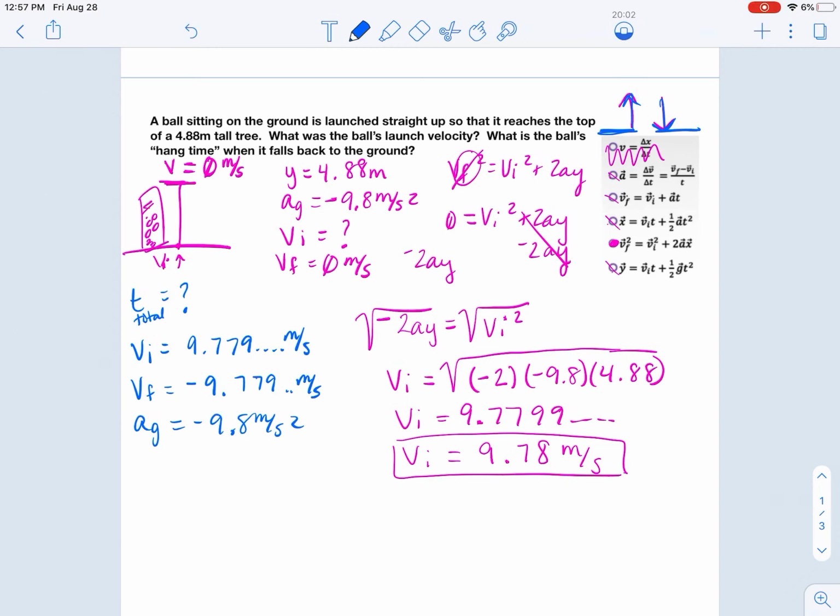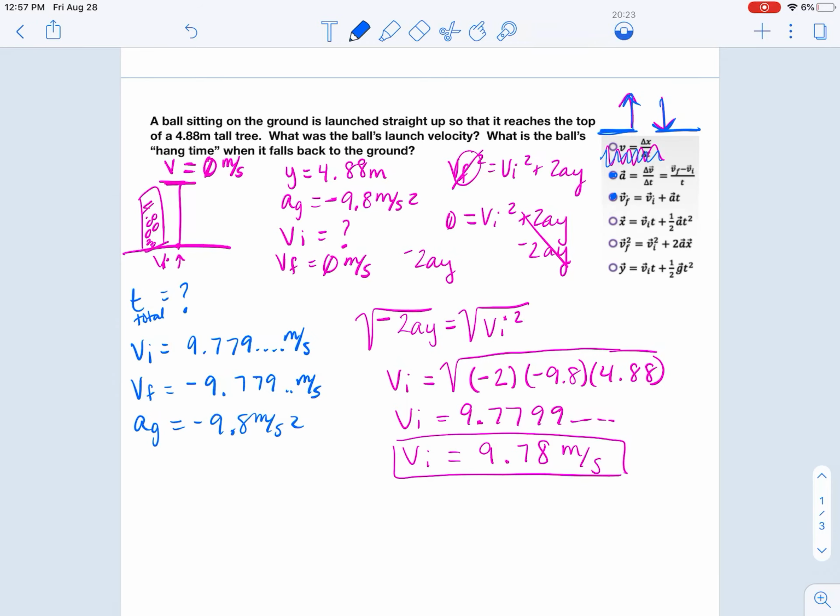So I am going to come back to my list of formulas. Again, I'm not going to use the equation up at the top because it does not allow me to account for acceleration. Based off of the information that I have to work with and the fact that I'm looking for time, it's going to be one of these two formulas. Remember, they're the same set of variables.